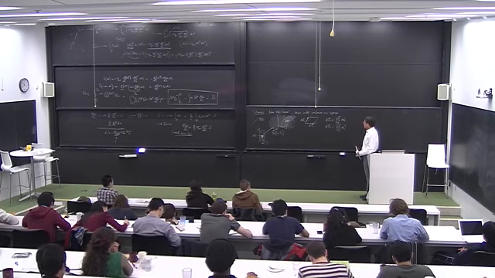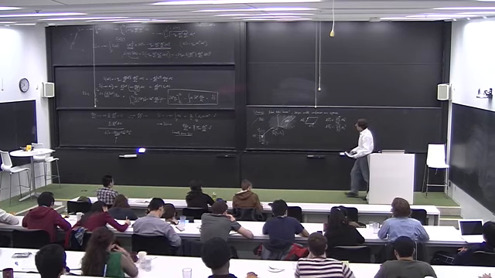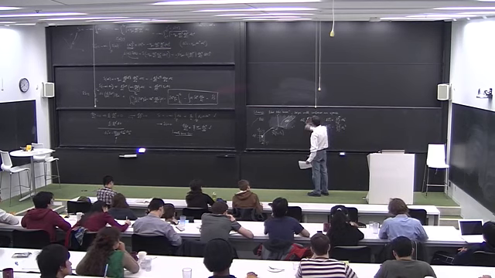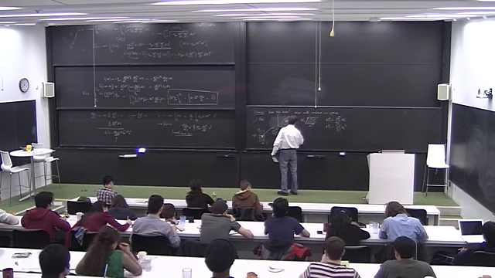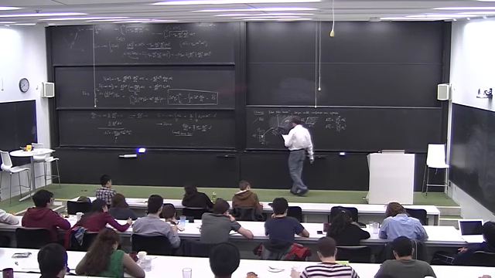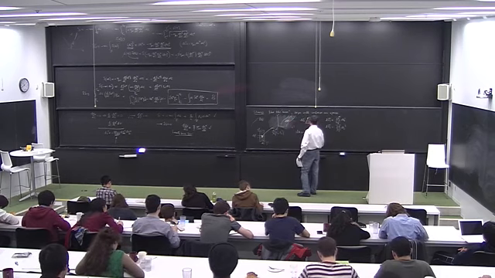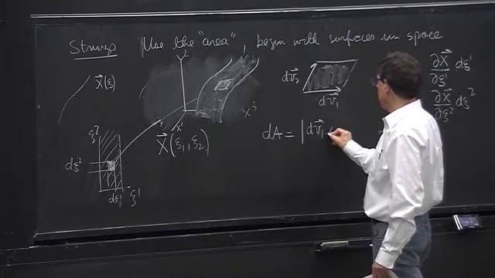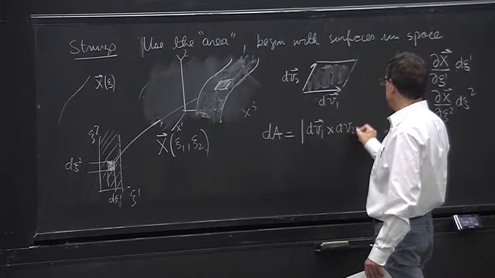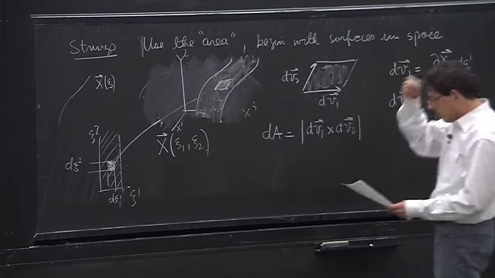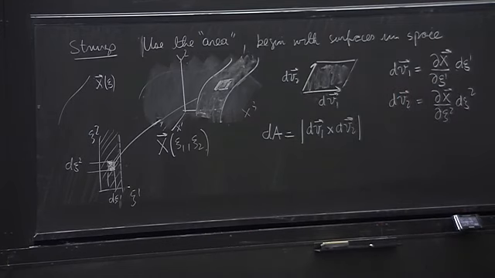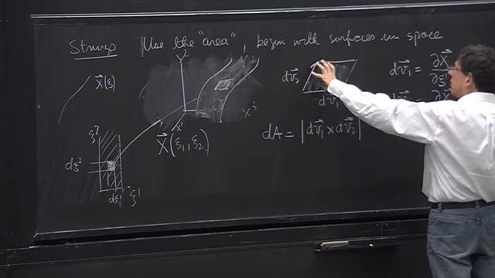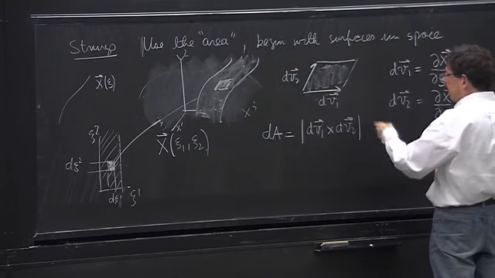So far, we're just writing this. Now, what is the area of this infinitesimal parallelogram? The area, in fact, is the magnitude of dv1 cross dv2. That's a formula that you probably know, that for a little parallelogram, the cross product gives you the area of it, and the magnitude is this.